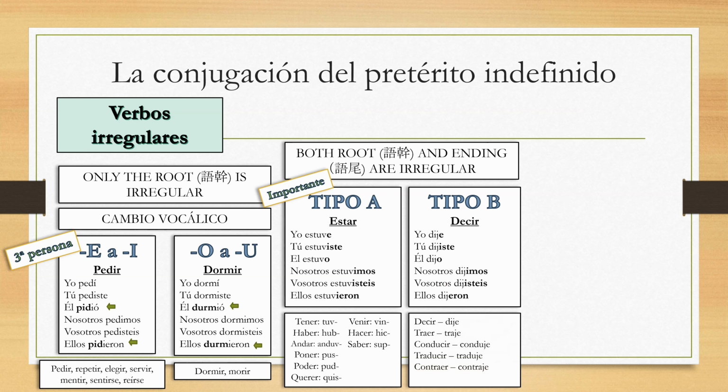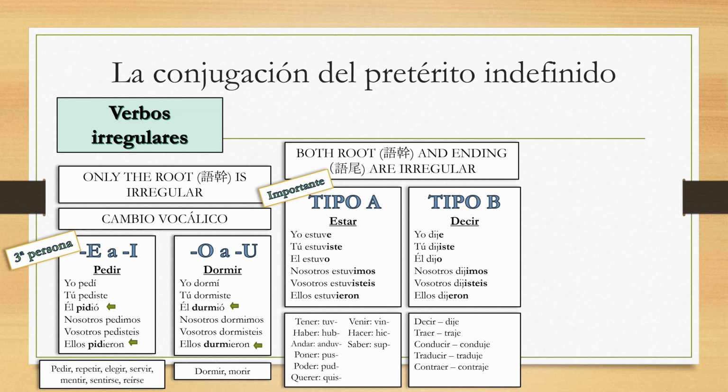Among these verbs, we have others like traer, to bring, conducir, to drive, traducir, to translate, or contraer, which we use when you get a sickness. For example, yo contraje un virus.